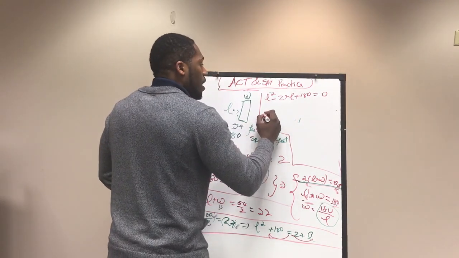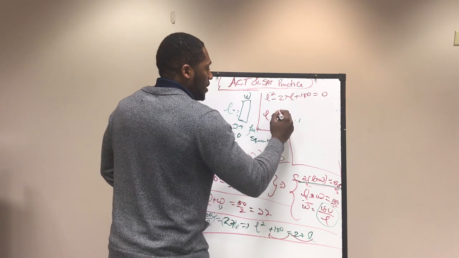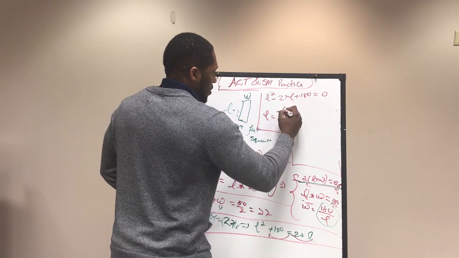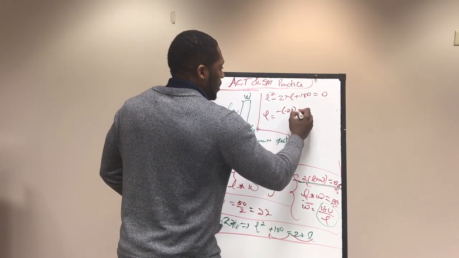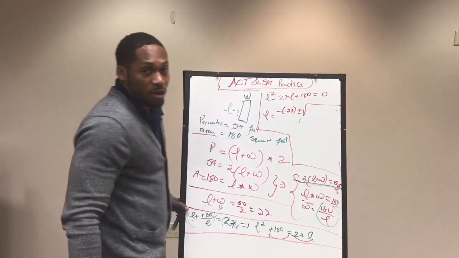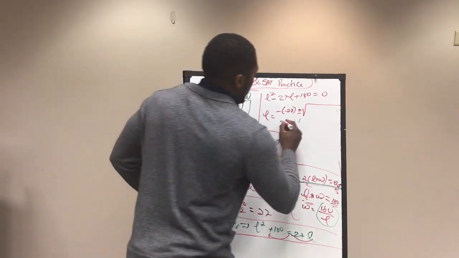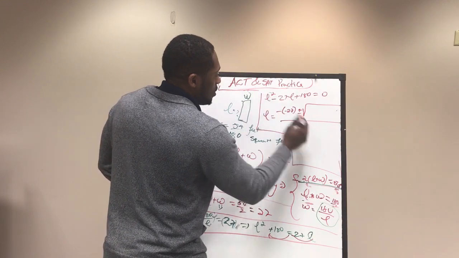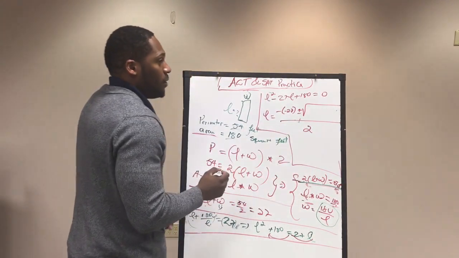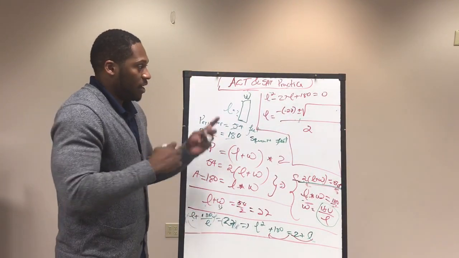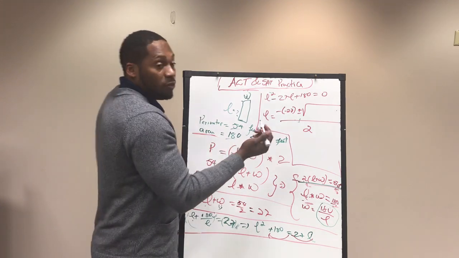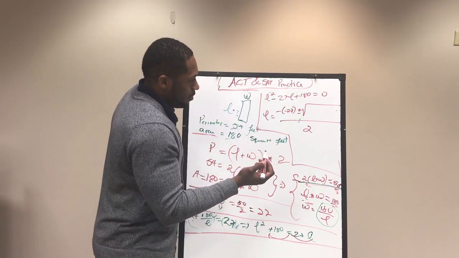So L is equal to minus B, minus 27, plus or minus square root of B squared minus 4AC, divided by 2A. 2A is 2 times 1, 2. If you don't know this, there's a lot of videos that we've done that explain this. Just look for quadratic equation in our videos.